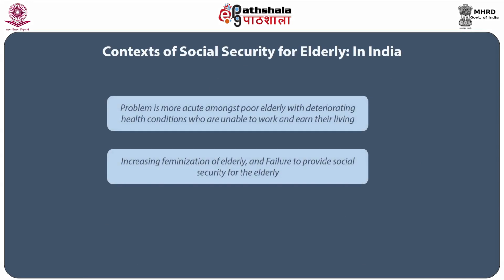Now, let's come specifically to India. The problem is more acute among the poor elderly with deteriorating health conditions. They are unable to work for earning and have hardly, if ever, any savings to fall back upon. Increasing feminization of poverty has further underscored the need to adopt suitably targeted measures that provide social security to the elderly.